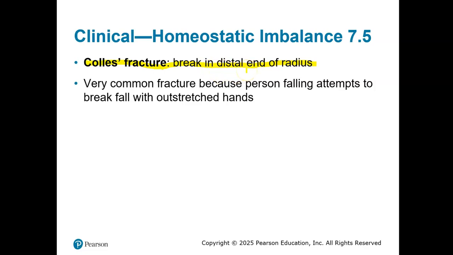A Colles fracture is common because a person who's falling attempts to break their fall with their outstretched hands, resulting in a break in the distal end of the radius.